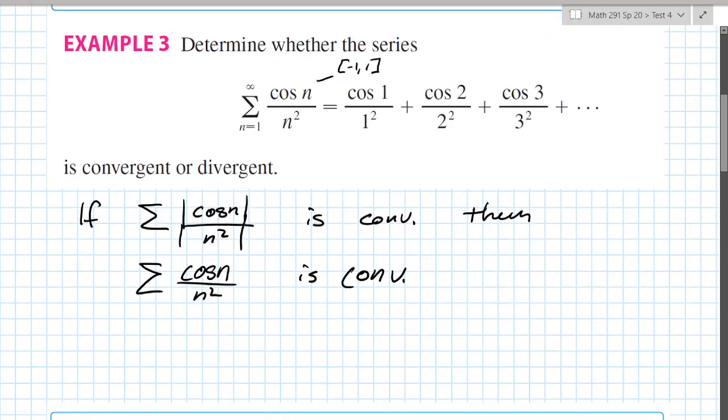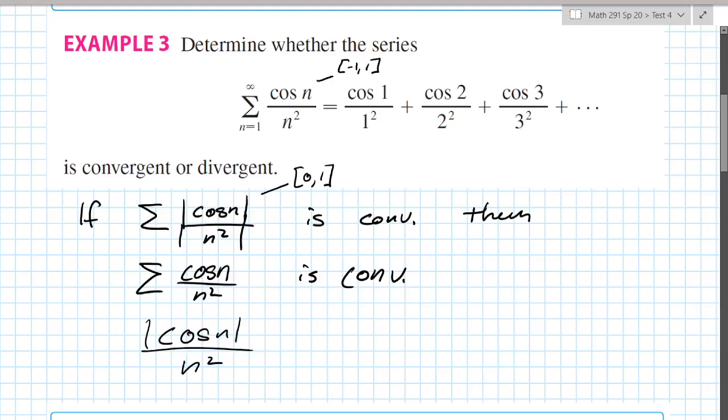All right, so if we look at the absolute value, now we're thinking about the top is going to be between 0 and 1. The bottom, of course, is always positive. So we can compare this with this absolute value of cosine of n over n squared.